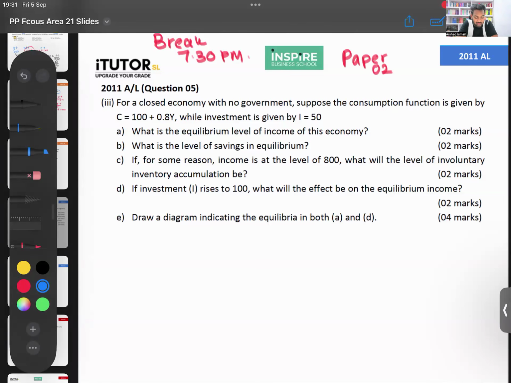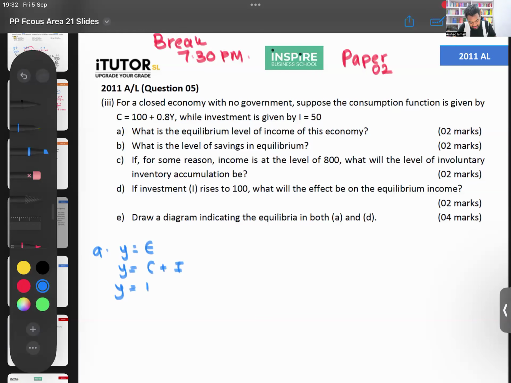For a closed economy with no government, suppose the consumption function is 100 plus 0.8y, investment is 50. What is the equilibrium level of income? So how do you find equilibrium of income? We did this last class also. So y is equal to E, y is equal to C plus I. So no taxes yet.